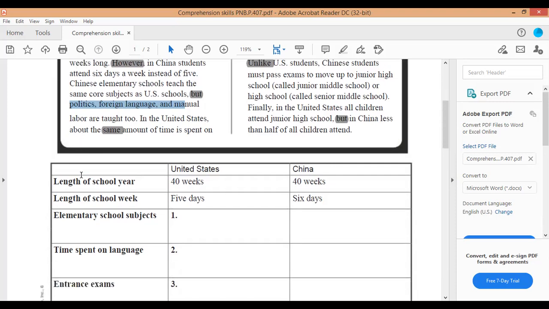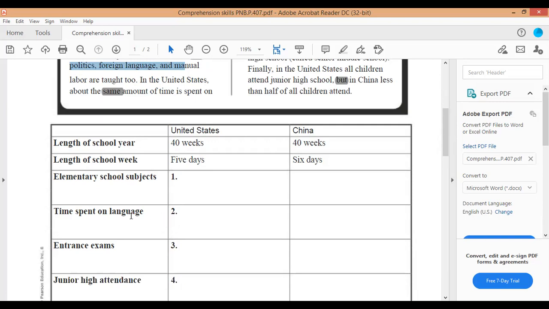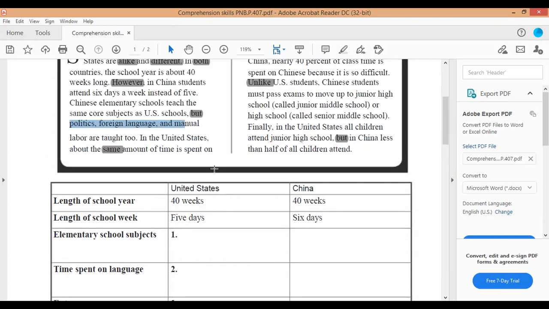The third point, number 2, time spent on language. Yes, for the United States, let's find the time of language. We said what? The same amount of time spent. Yes, so we can write the same amount of time as on other subjects.